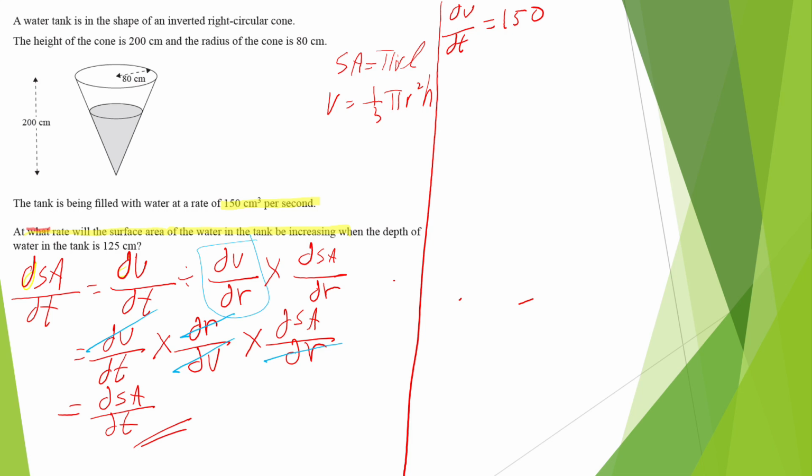So I have to find an equation that relates r and h. To relate r and h, remember, in any circular shape, we will do the right angle triangle.